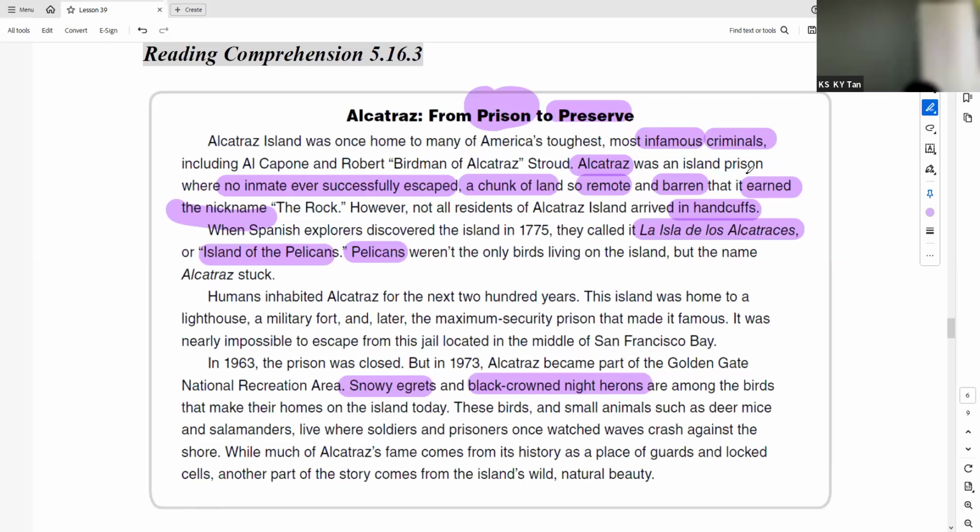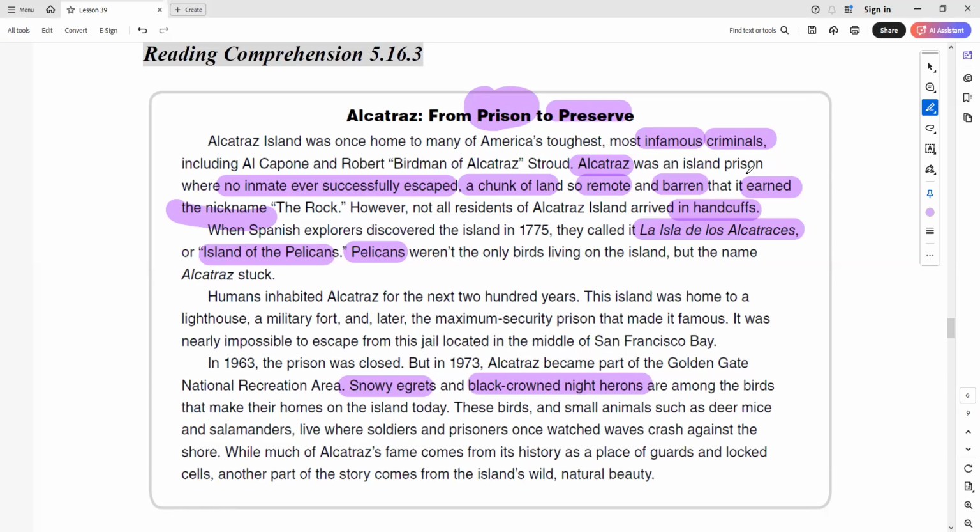Snowy egrets and black-crowned night herons are among the birds that make their homes on the island today. These birds and small animals such as deer mice and salamanders live where soldiers and prisoners once watched waves crash against the shore. While much of Alcatraz's fame comes from its history as a place of guards and lock cells, another part of the story comes from the island's natural beauty.